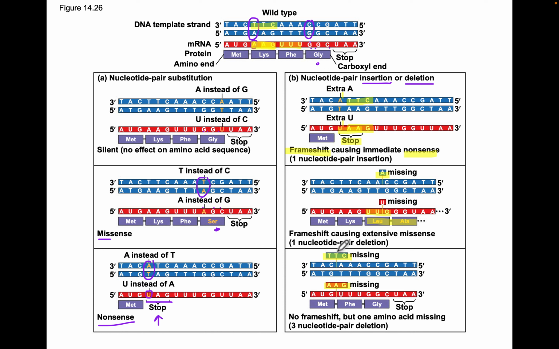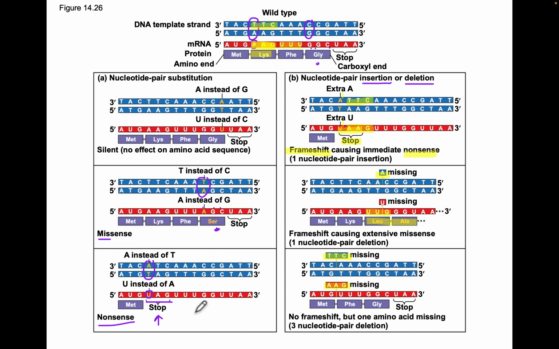So you see everything's okay except you're just missing lysine because that TTC is no longer there. So in that case, you might not have too much of a problem. It just depends. All of these just depend. I'd say a frame shift causing extensive missense is probably a disaster. Now, does that mean a disaster as in the organism's in trouble? No, because sometimes losing gene expression or losing a protein product is advantageous.